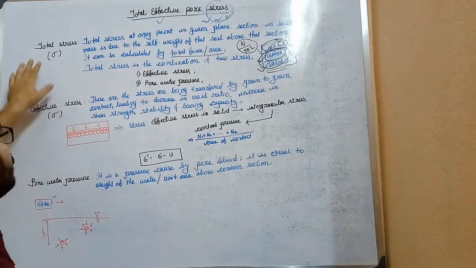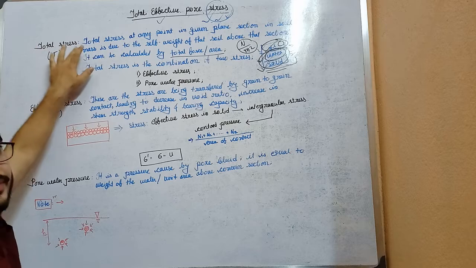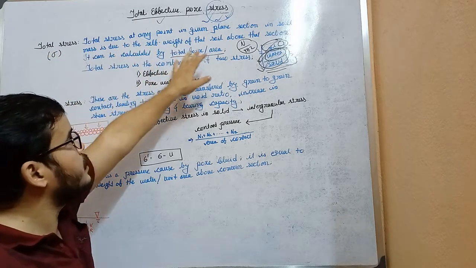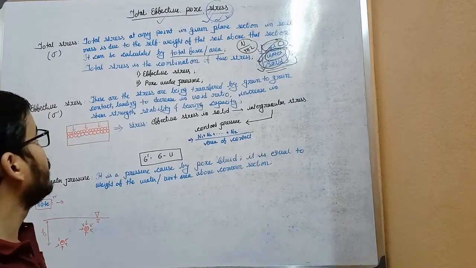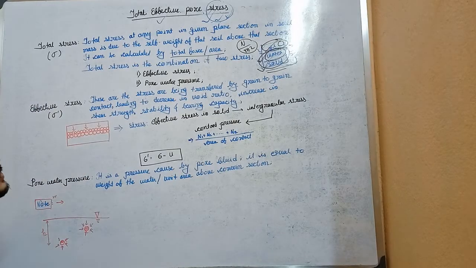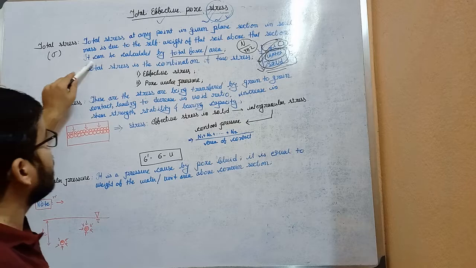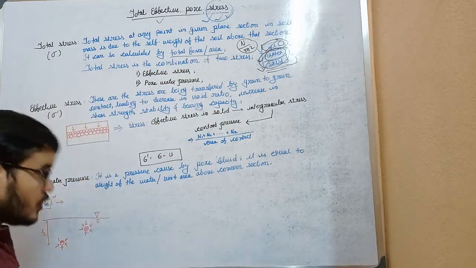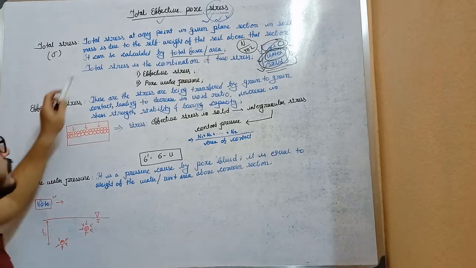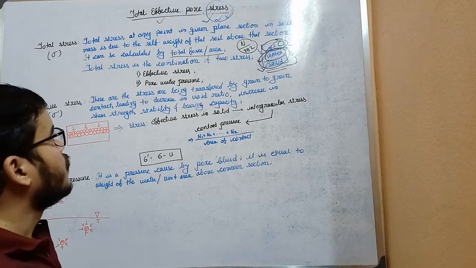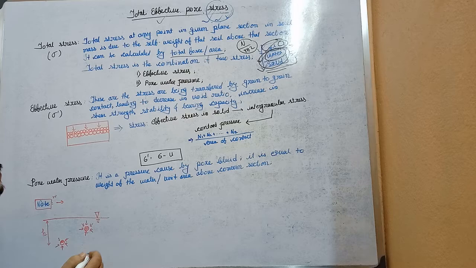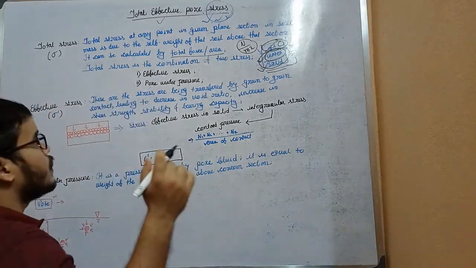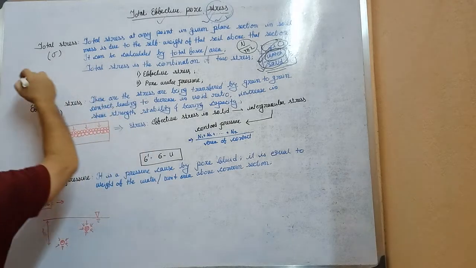Now first go through the term total stress. Total stress at any point in a given plane section in a soil mass is due to the self weight of the soil above that section, and it can be calculated by total force by area. Look at this definition. As we have already covered unit weight, what is the unit of unit weight?